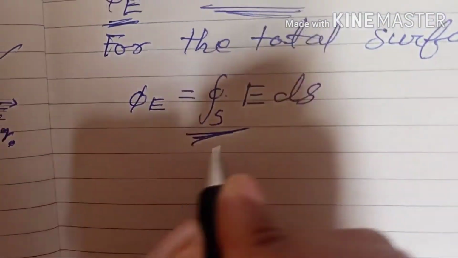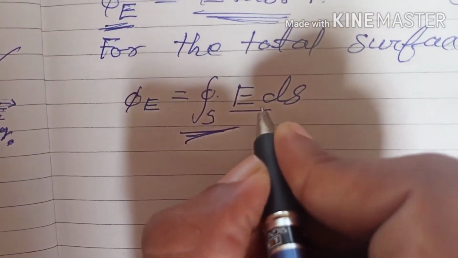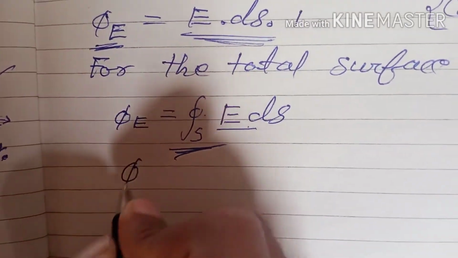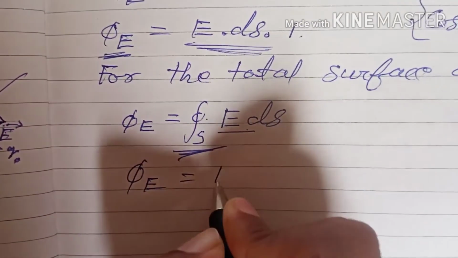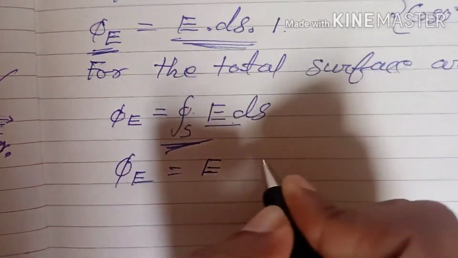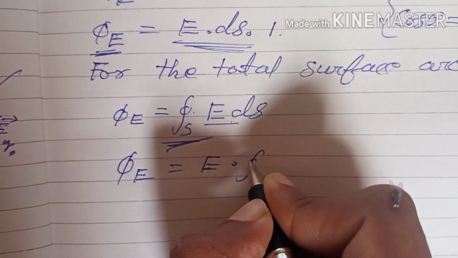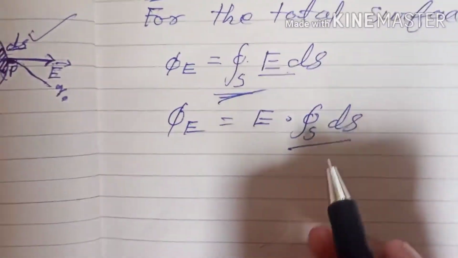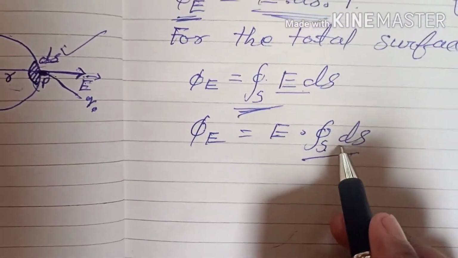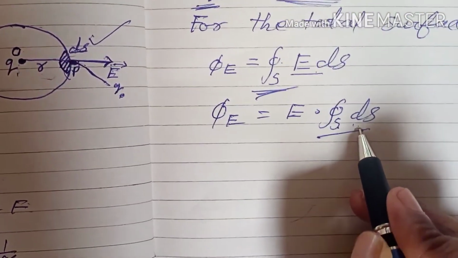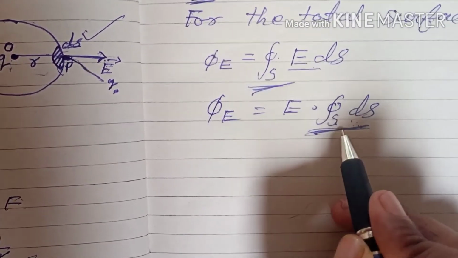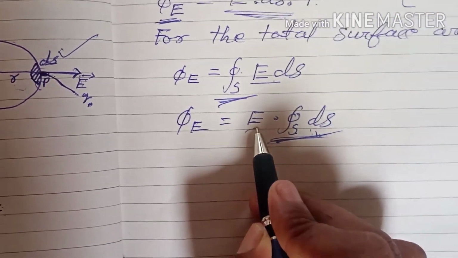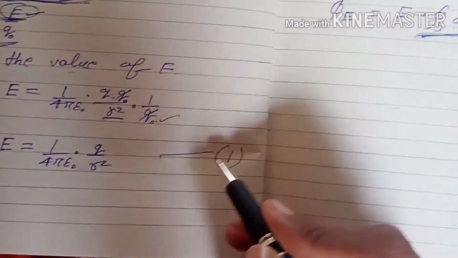So we can write E, the electric field, separately. Phi E is equal to E times closed integral of ds. Why? Because this is the total surface area of a sphere, and E is the electric field intensity.